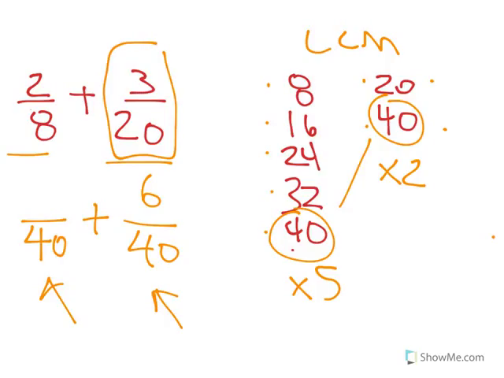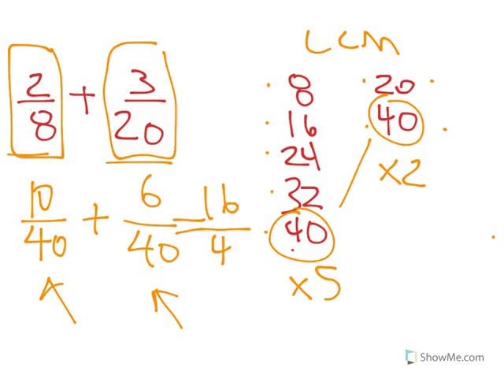Now, for this one here, for the 8, 16, 24, 32, 40, that one there, I'm going to multiply it by 5, because I multiplied 5 on the bottom to get to 40, and now 5 times 2 is going to be 10. And then I have 16 over 40.